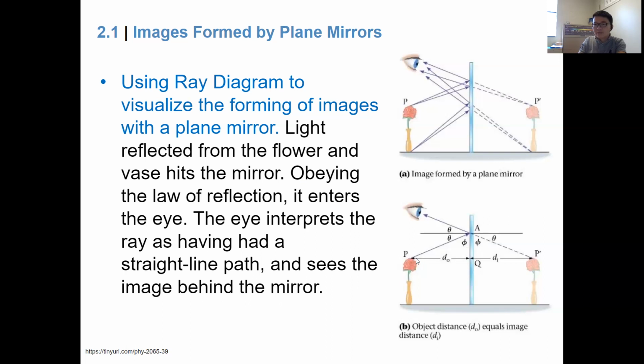Now, if you draw a horizontal line across connecting the image and the object, the top together, then this is a horizontal line, which is perpendicular to the vertical. So these two are then identical triangles. So the distance from your object to the mirror is the same as the distance of your image to the mirror. So DO equals DI. And the angles are the same.